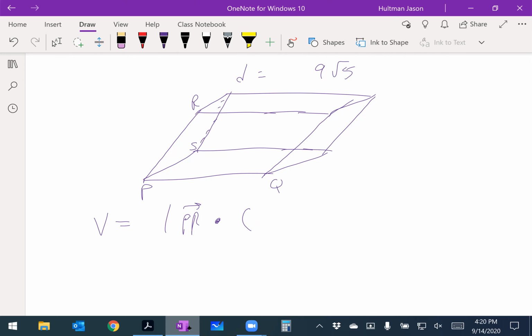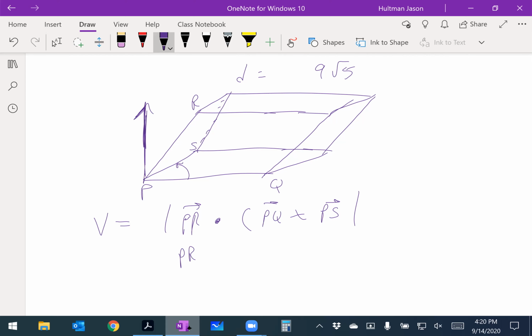Let's do PQ cross PS. We get this, and then we get that to be orthogonal. Then we're going to dot that with PR, and that'll give us our volume there. So what's PR?